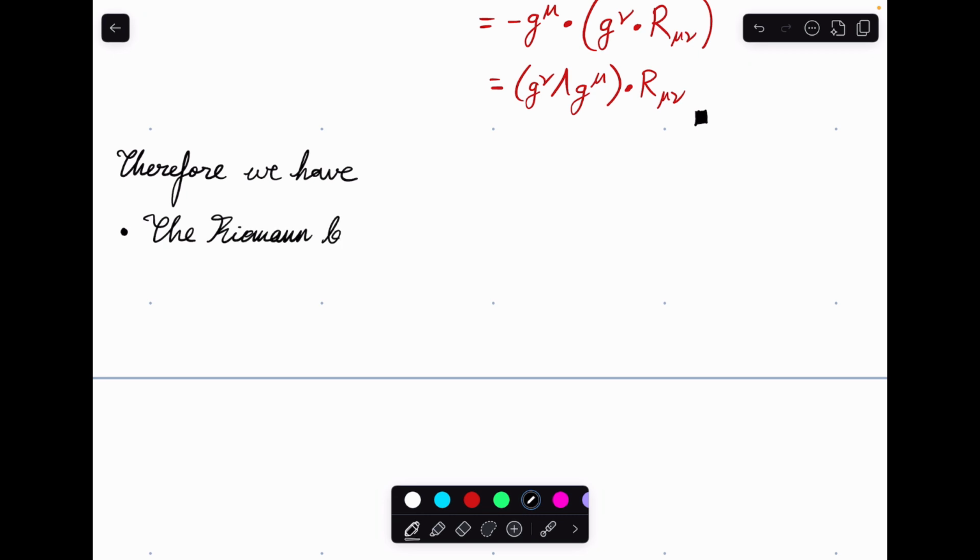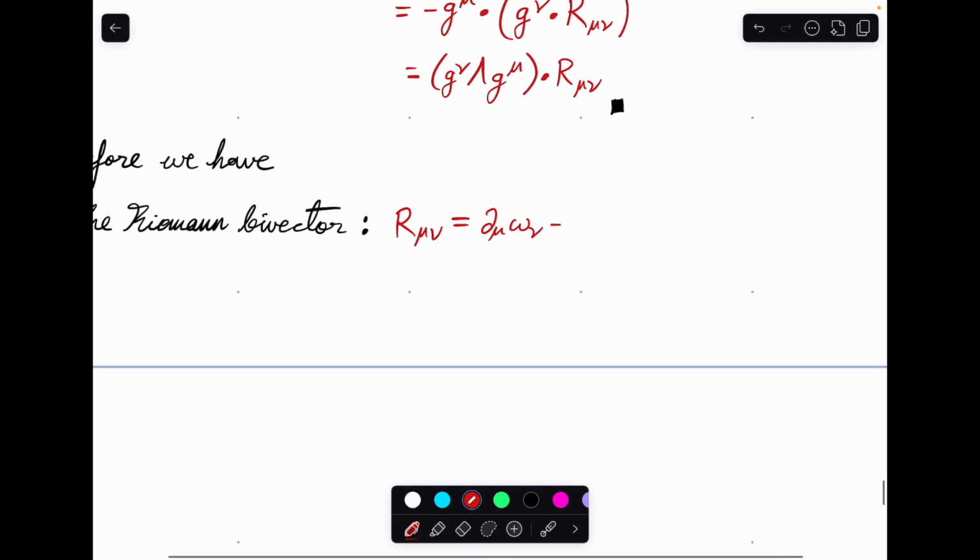We have the Riemann bivector that is defined as R mu nu, which is just the derivatives and the commutators of the connection bivectors.